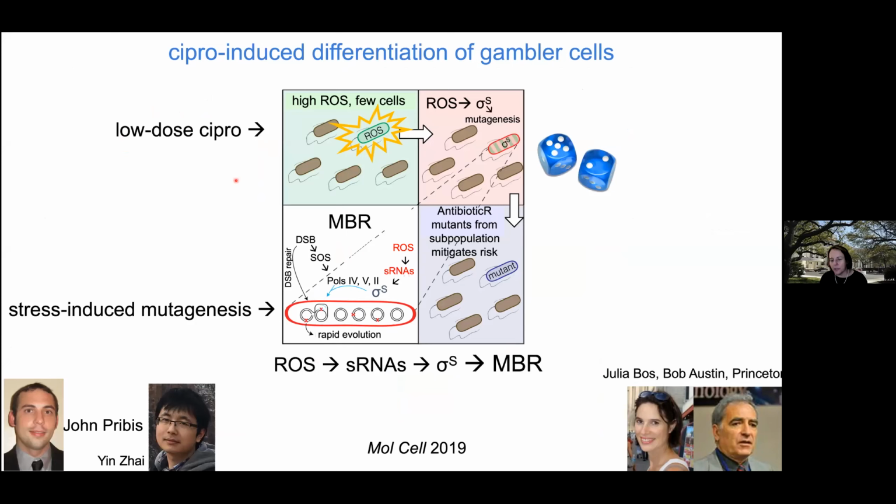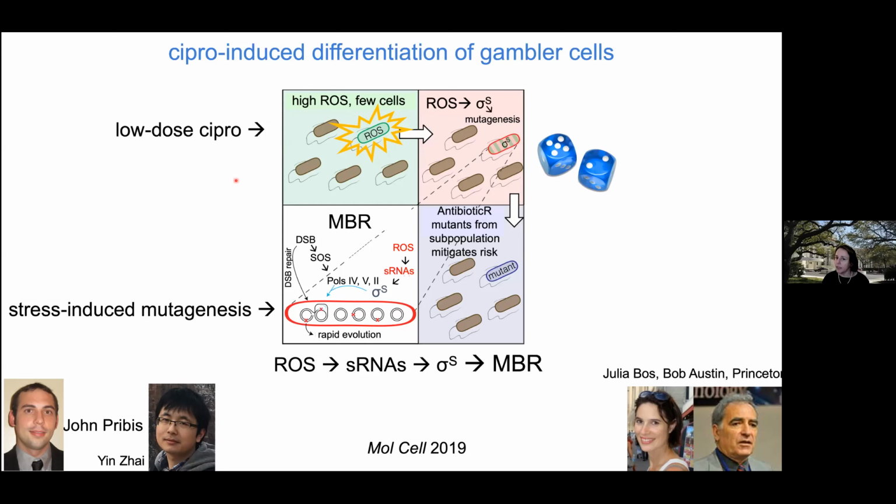So the story I'm going to tell you is this cool thing that John discovered, that when bacterial cells are exposed to ciprofloxacin, one of the most commonly used antibiotics, they induce a pathway that produces mutations.